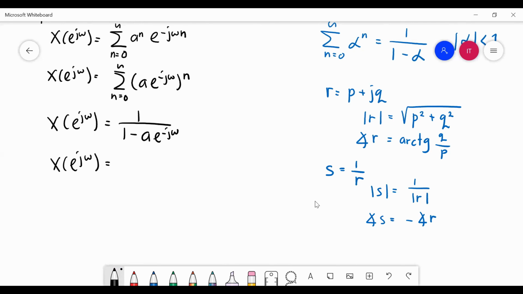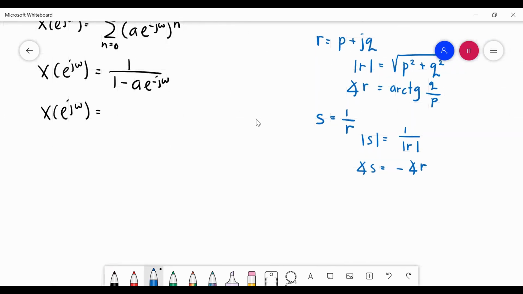For that, we can use the simple equation from the exponential. As you might recall, I make a more general one: e^{jθ} equals cos θ plus j sin θ, and then the sign follows this.